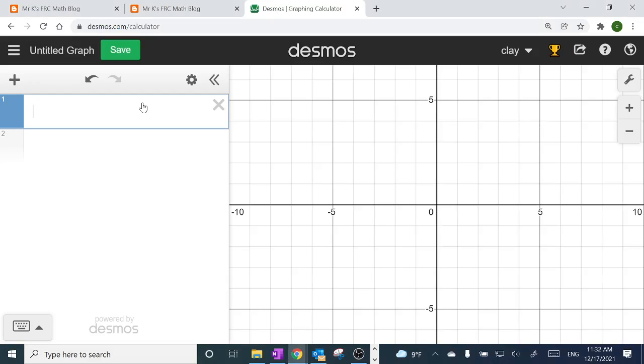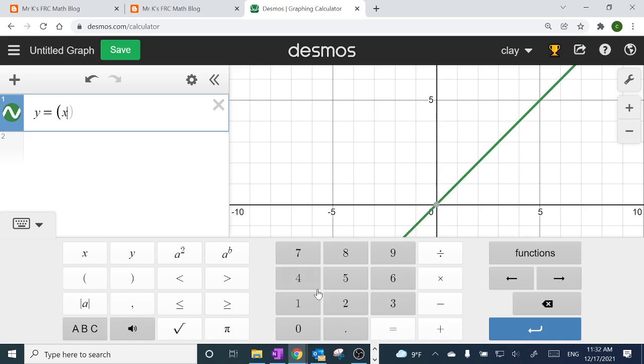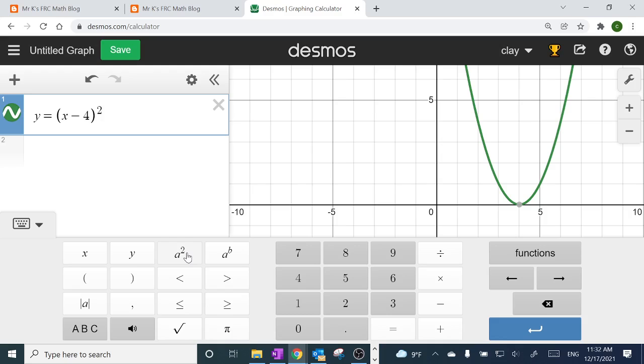I'm typing in the first one, and I type it the way you have to type it if you're using your phone. Using this keypad here, y equals, open a bracket, x minus 4, close bracket. The a squared button means square whatever you have on the screen, and then minus 1.